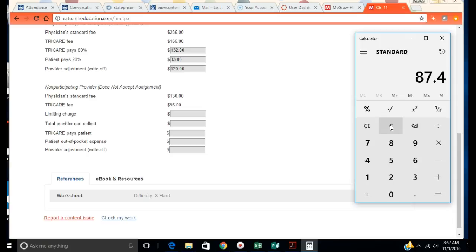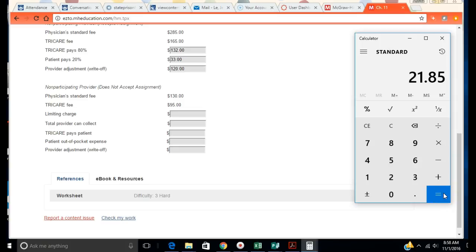And then the patient's out-of-pocket expense is going to be the difference between the 109.25 and the 87.40 that TRICARE paid. So it's their 20%. And that's going to give us $21.85 that the patient is going to pay out of pocket.